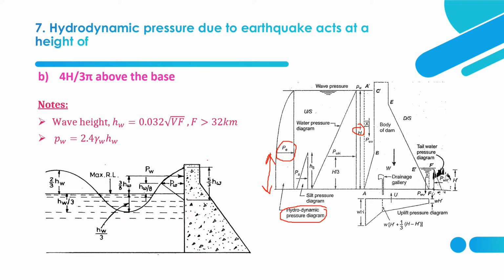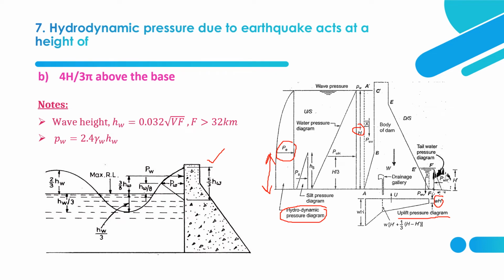Before moving to this wave pressure diagram, we shall see other formulas in this diagram also. Here you can see the uplift pressure diagram. Due to uplift, there will be some pressure, which will be calculated using this formula: W into H dash, where H dash is the tailwater depth, plus 1 third of H minus H dash.